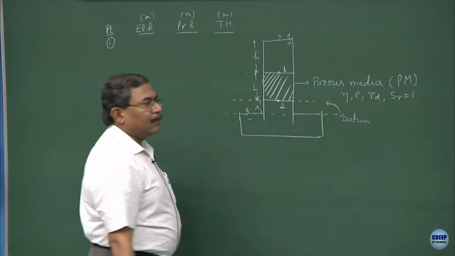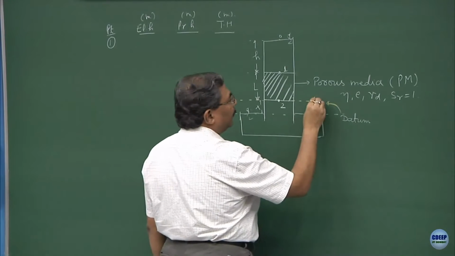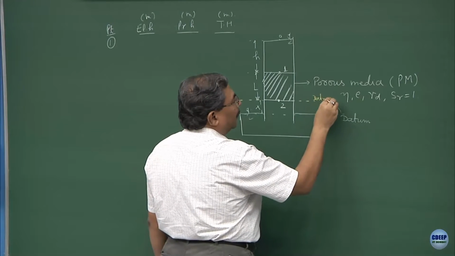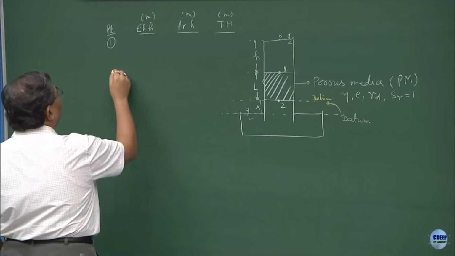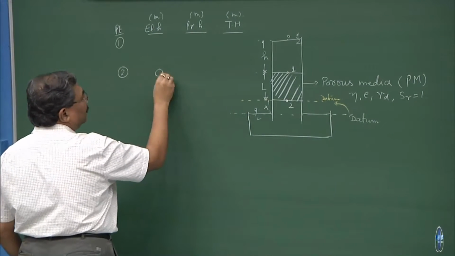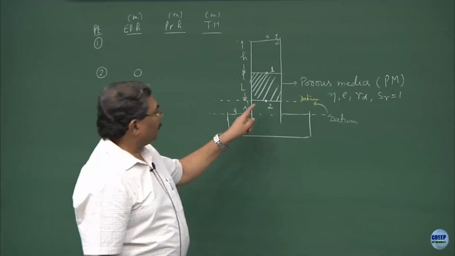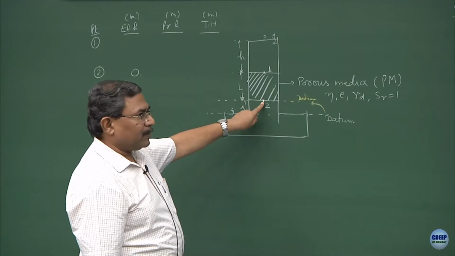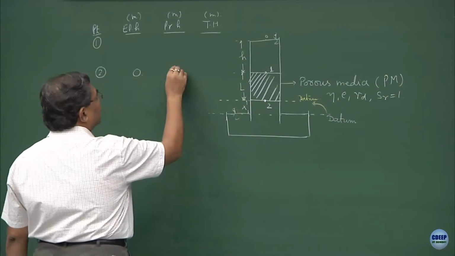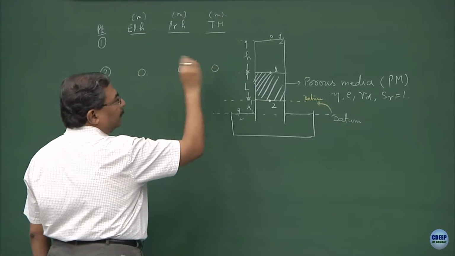So, the moment I shift the datum to point 2, life becomes simple. At point number 2, the elevation head is 0, and what about the pressure head? This is exposed to the atmosphere. So, the pressure head is 0, total head will be 0.